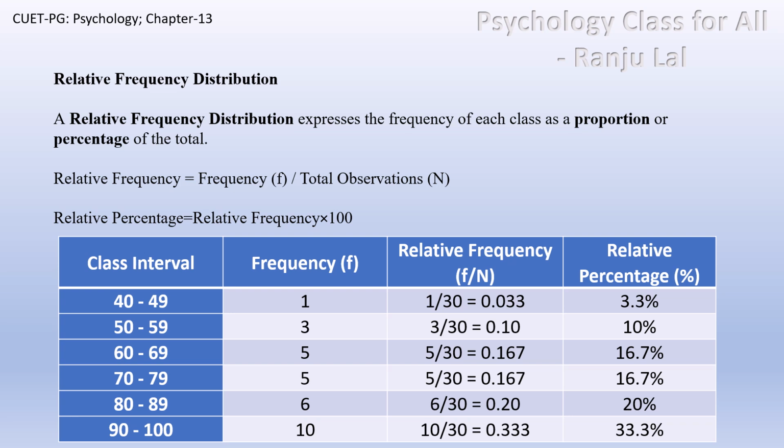The relative frequency of the first frequency, that is 1, is 0.03, as 1 has been divided by 30, and the relative percentage is 3.3, by multiplying the relative frequency by 100. The purpose and benefit of this frequency distribution is it helps compare different data sets with varying sample sizes, expresses frequency as a proportion, making it easier to interpret the trends. It is used in probability calculations and statistical analysis.